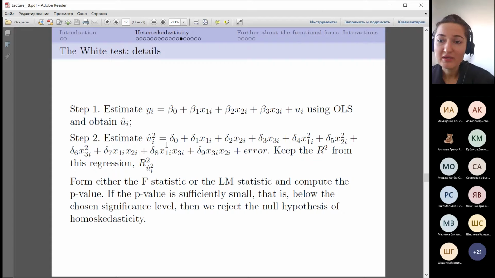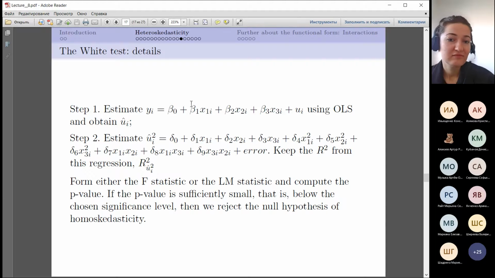This is a real weakness in the pure form of the White test, because it uses many degrees of freedom for models with just a moderate number of independent variables.